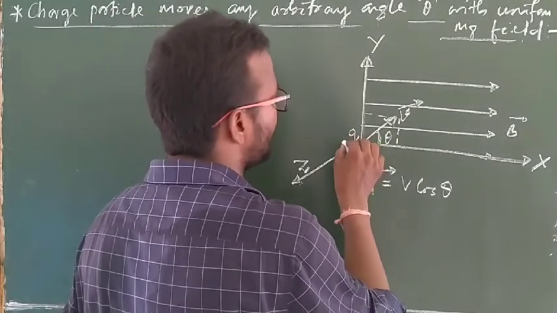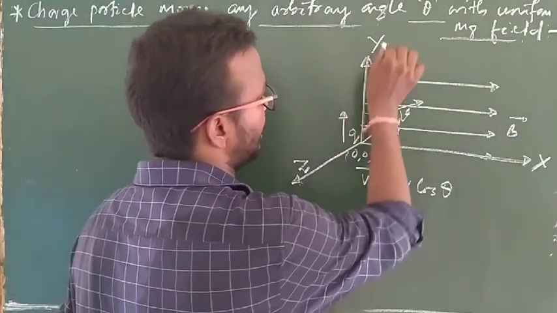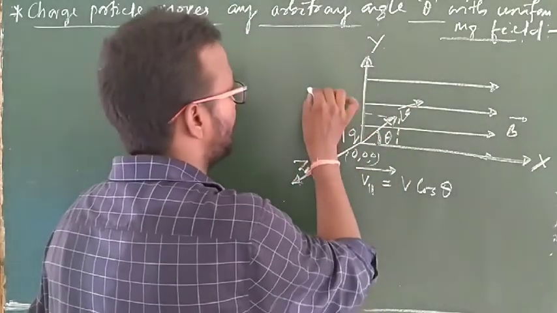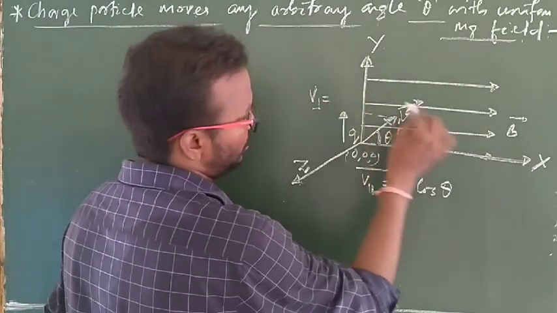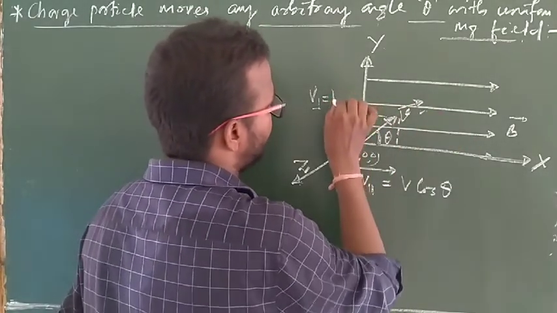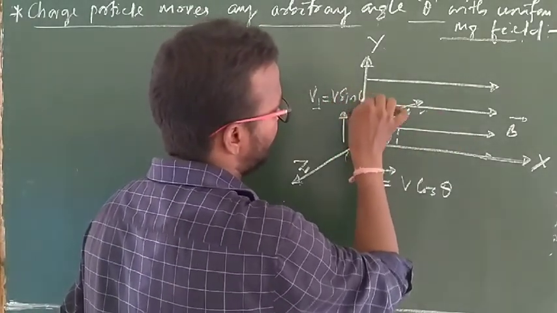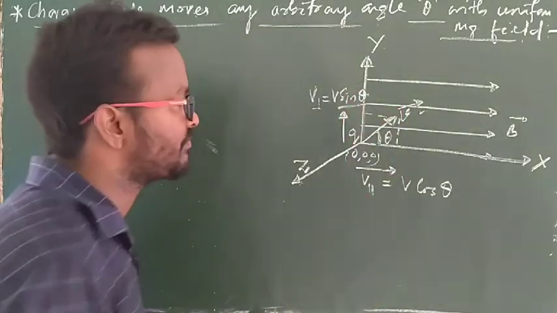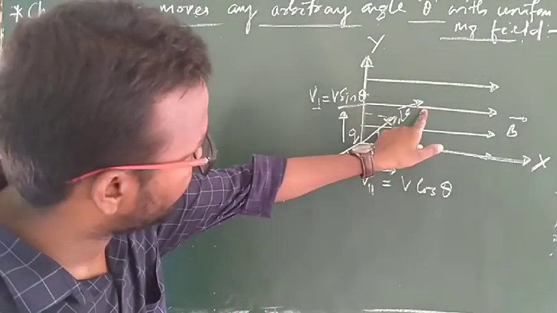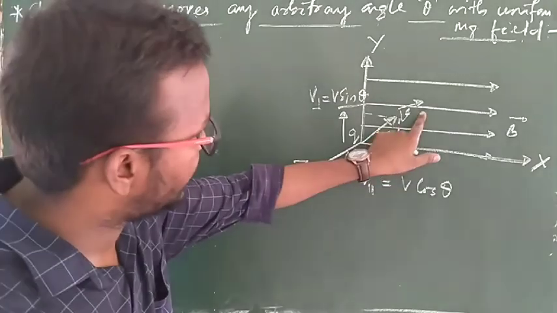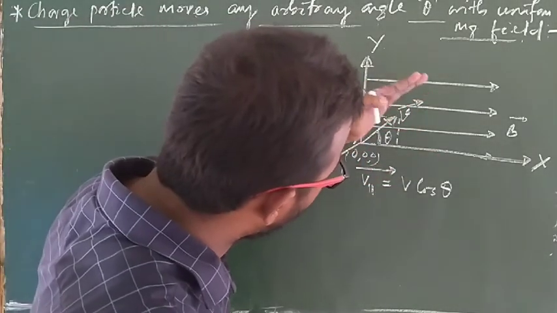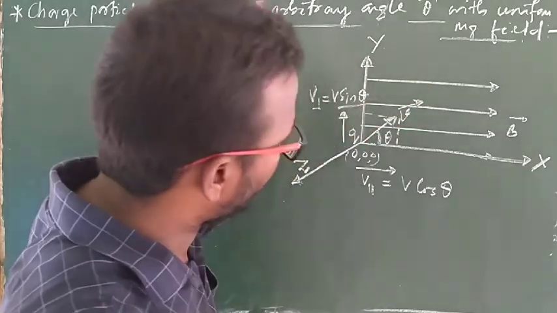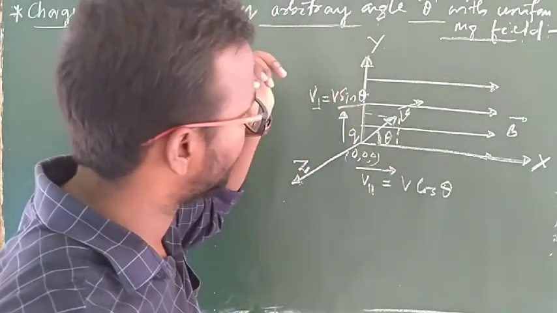Similarly, the perpendicular component along the y-axis is v perpendicular, which is v sin theta. So the velocity vector v is resolved into two rectangular components along the x-axis and y-axis.